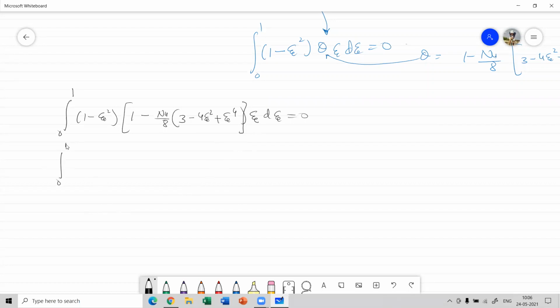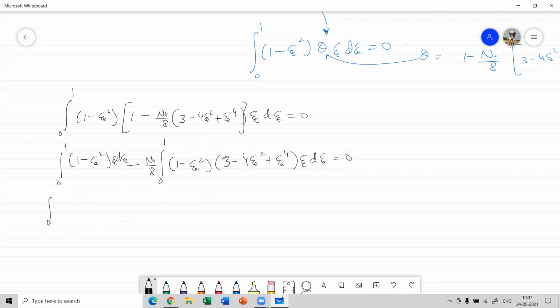So 1 minus zeta square, minus the integral from 0 to 1. The Nusselt number by 8 can be taken out. So it will be 1 minus zeta square into 3 minus 4 zeta square plus zeta 4, into zeta d zeta. Let's integrate this term first.